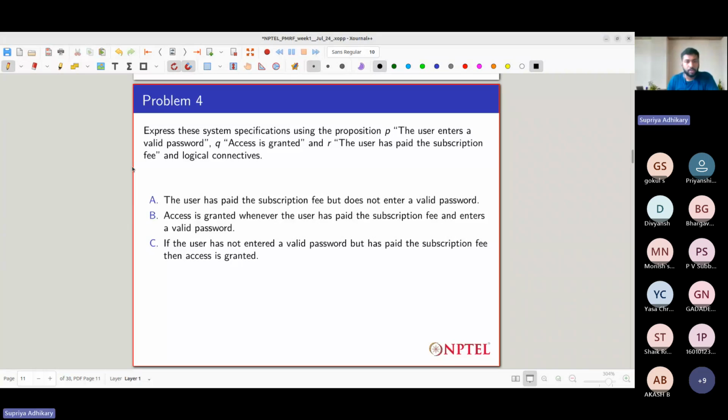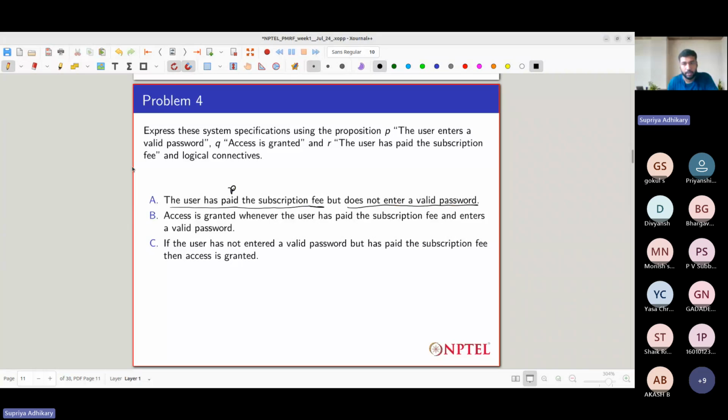Okay. So now there are three statements over here: A, B, and C. So A says that the user has paid the subscription fee. This is the proposition R, but does not have a valid password.